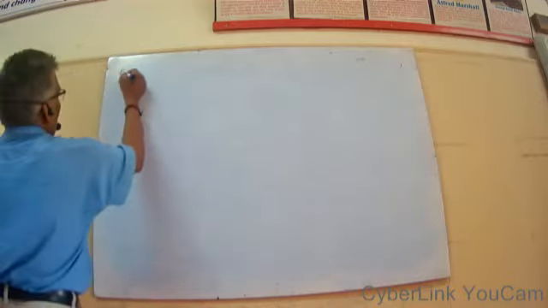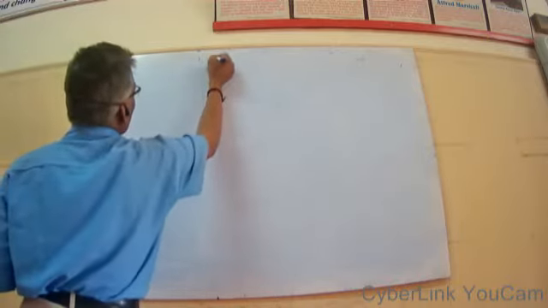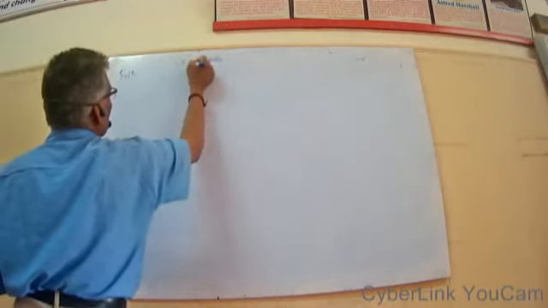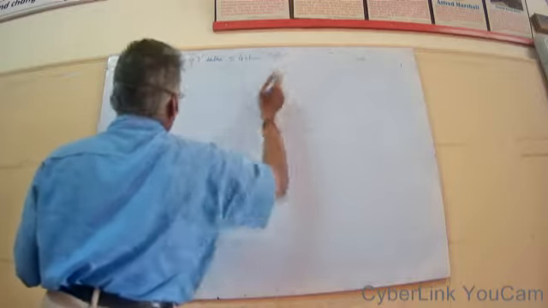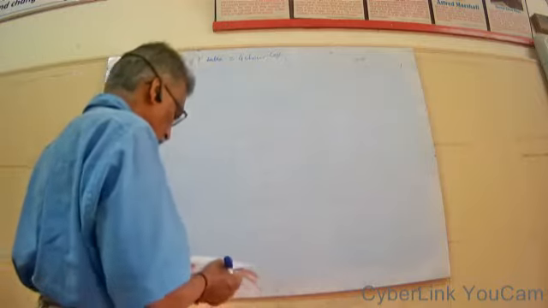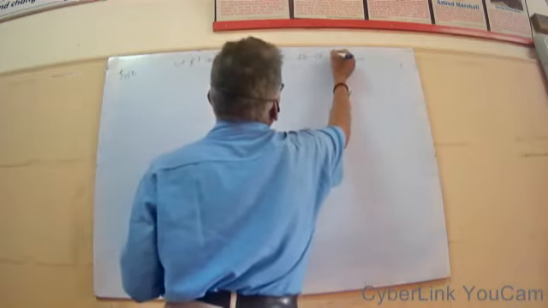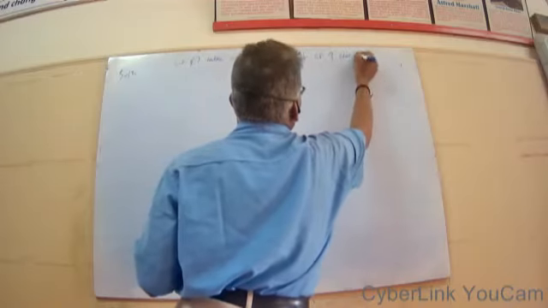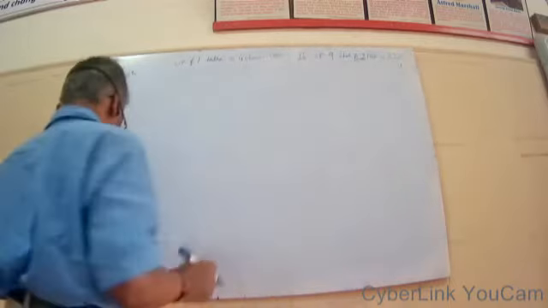So let the cost price of 1 table equal to 4 chair cost. If cost price of 9 chairs plus 2 tables equal to 425, this we have to find now.